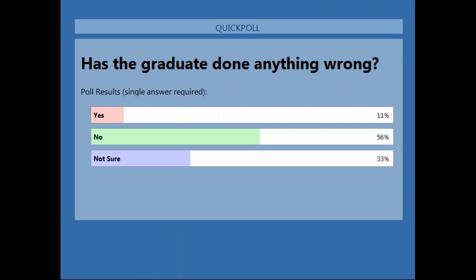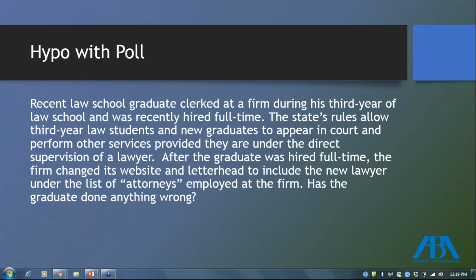And it looks like the majority of you voted that no, the graduate hasn't done anything wrong. The correct answer to that would be yes, because unfortunately, the graduate's future is in their hands, and they can still be held accountable for what a supervising lawyer or employer does if they don't take any steps to stop the action.